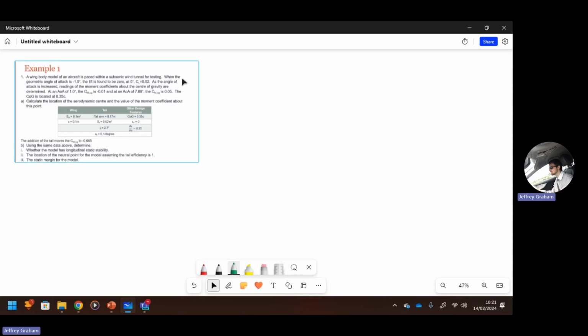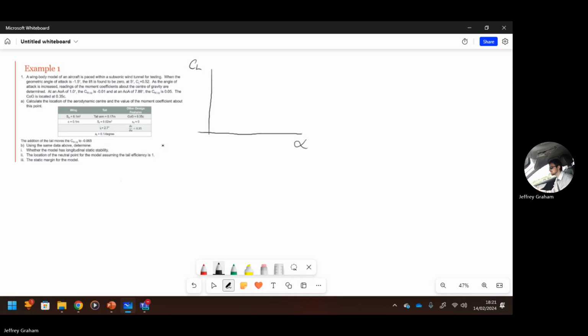Right, it says when the geometric angle of attack is minus 1.5, the lift is 0. So I'm just going to make a quick sketch of this first. This first bit of information talks about a lift curve slope. Roughly it looks like that.